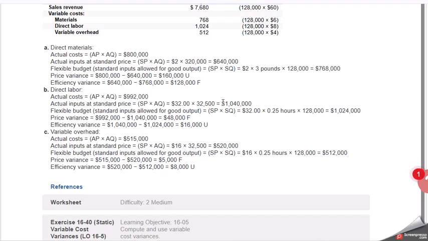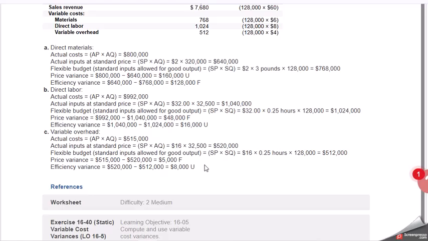So $32 an hour times the 32,500 hours gives us our actual input at the standard price. Then we have a favorable price variance, so we did not pay our workers the $32 an hour. Then we compare our standard price times our standard quantity to our standard price times our actual quantity, and we see that that is unfavorable. We used more hours than we had estimated, so that's an unfavorable efficiency variance.